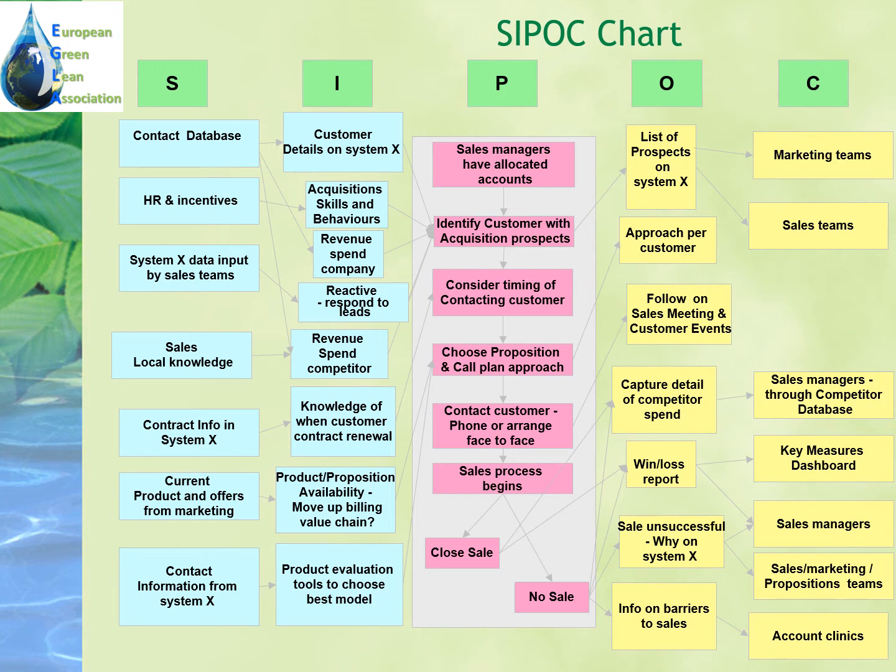This is a typical SIPOC chart. As you can see, this is related to a sales process. And from left, suppliers to inputs, to actual process, to outputs and customers, you do see that the points vary and the connections are going from one to another.